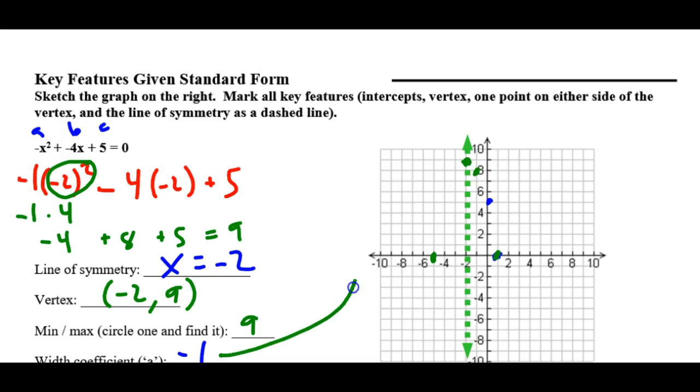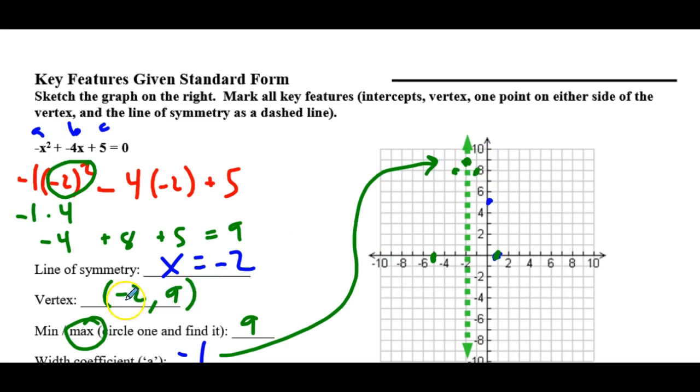I'm looking at this a value here, and that's going to inform the point 1 over in either direction from my vertex. I have to go down 1. It's becoming pretty clear that this graph opens down. The negative says it opens down, meaning that that 9 is the highest point on my graph. It is a maximum. It will either be the highest or the lowest.